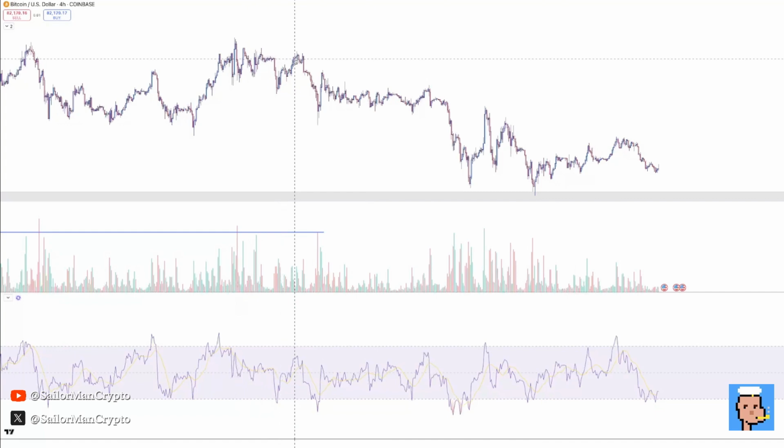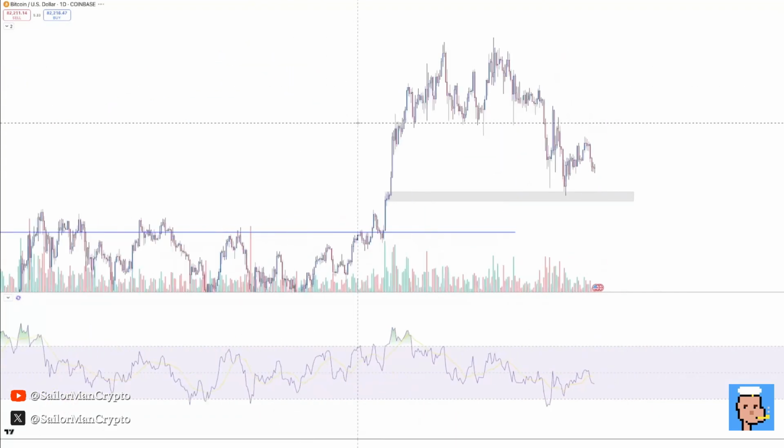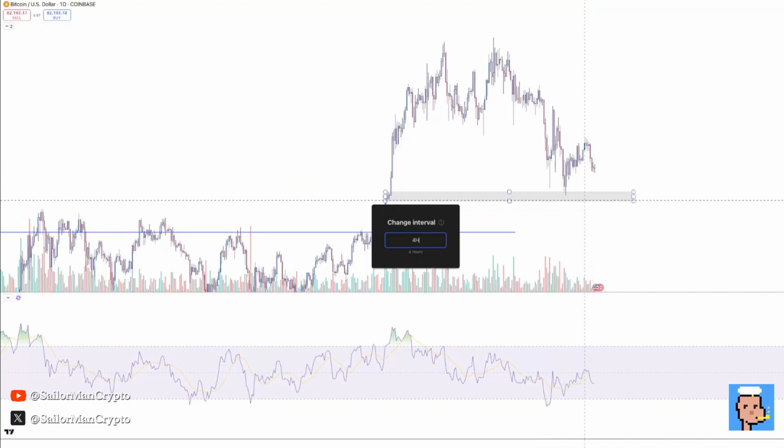So in this case, we notice all these possible reversal signs. We are visiting demand. We saw a decrease in volume. We do see a bullish divergence on RSI, so we develop interest in a possible trend reversal trade.